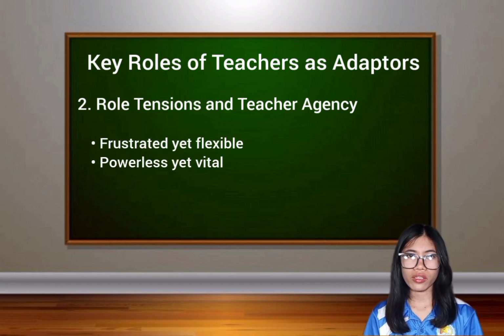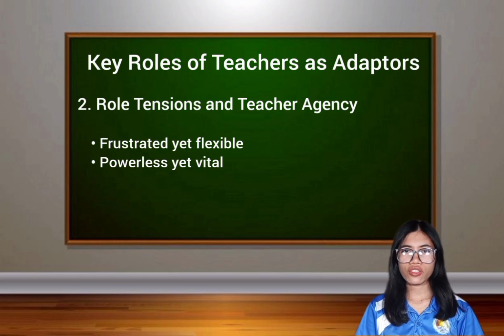Teachers face struggles. Sometimes they feel frustrated because of limited resources and time, but they still stay flexible and innovative. They may also feel powerless in policy making, but in reality, they are very important because they are the ones who bring the curriculum to life in the classroom.